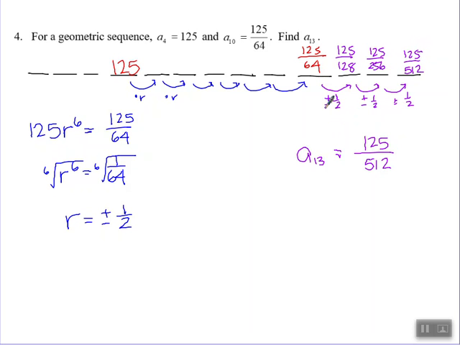If we are multiplying by negative 1/2, this 11th term could be positive or negative. The 12th term would be positive, and then the 13th term could be positive or negative. So we do not know for sure, but the 13th term in this sequence is either positive or negative 125 over 512.